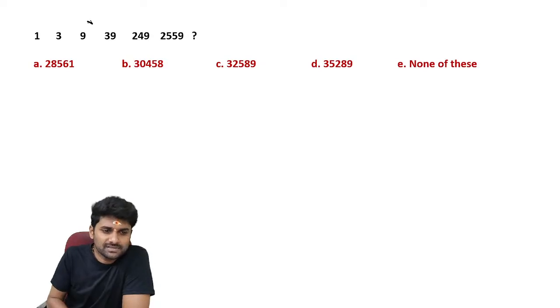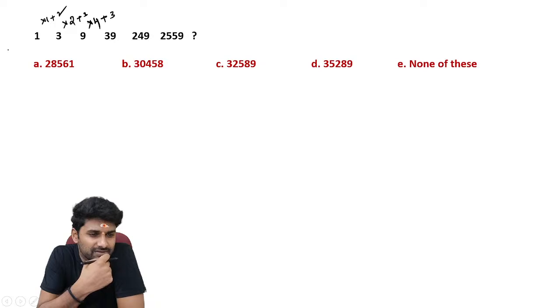See here, let's take it this way. 1 into 4, 9 into 4 is 36, into 4 plus 3. Let's go for 3 into 3. Let's go for 2. 3 into 2, 6 plus 3. Now 1 into 1 plus 2.